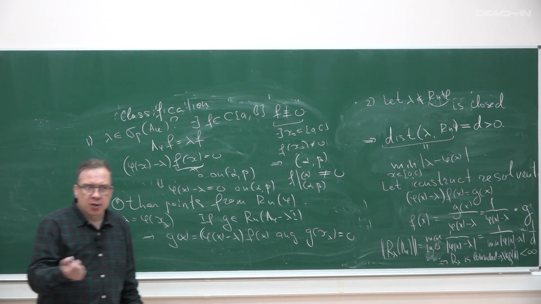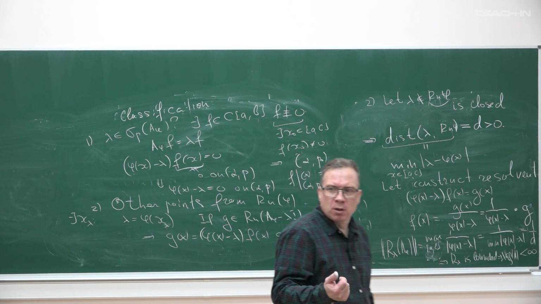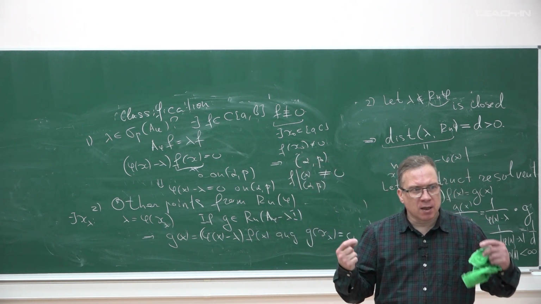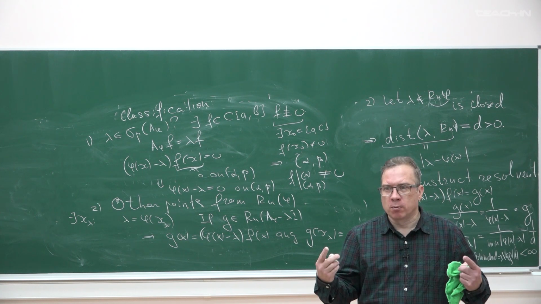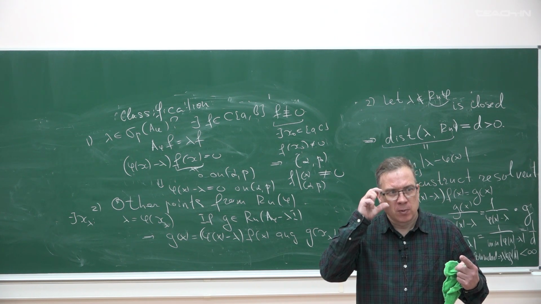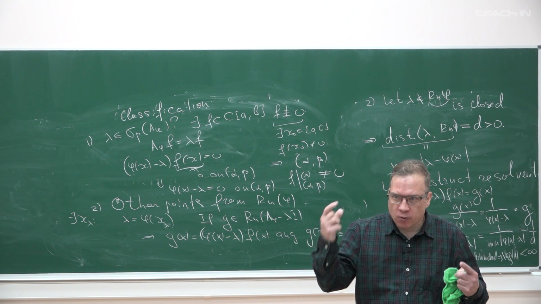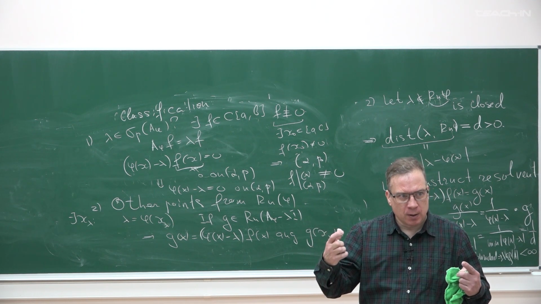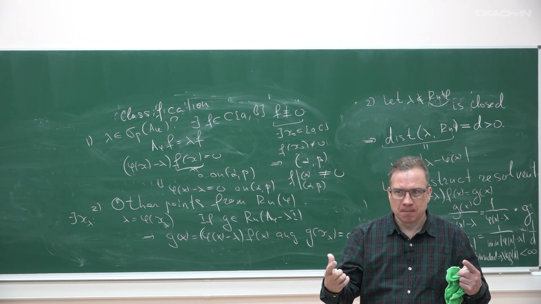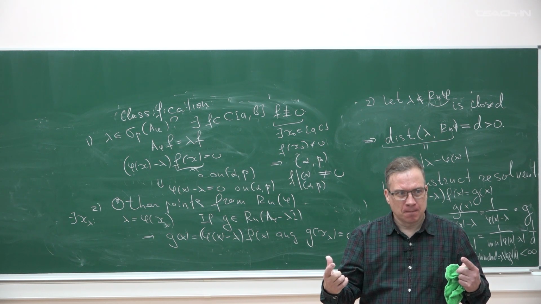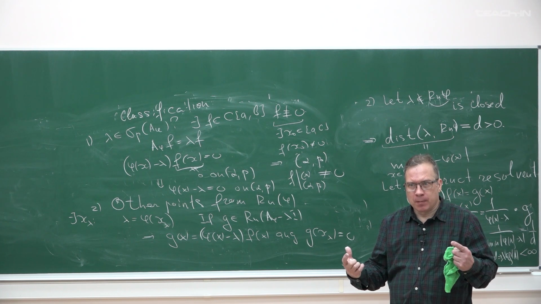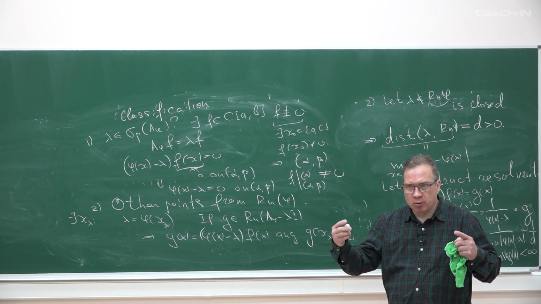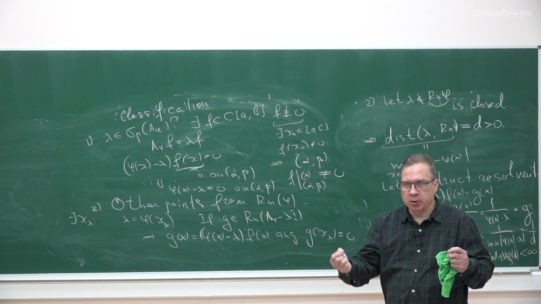And now consider the closure of this range. The closure is in the norm of C[a,b]. It is the uniform norm. Does uniform convergence preserve values at points? Yes, it does. The uniform convergence preserves the values at points.